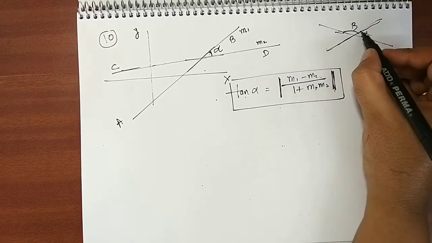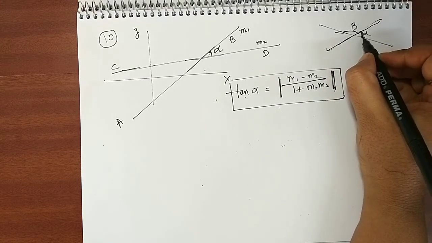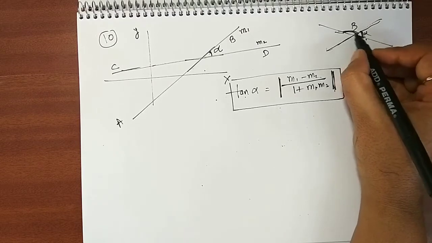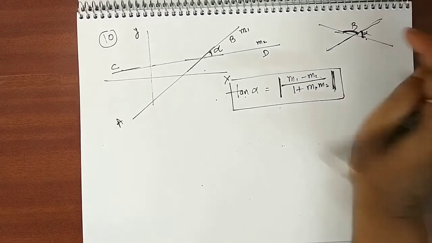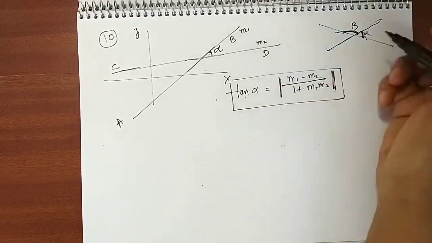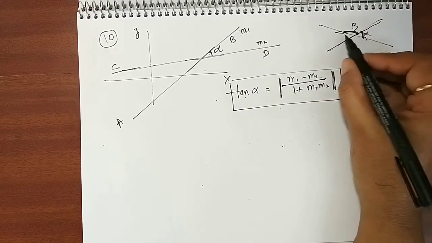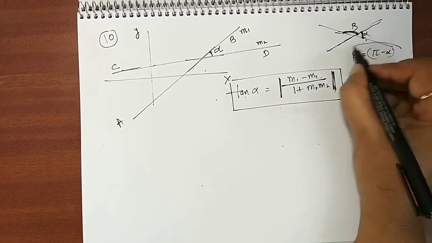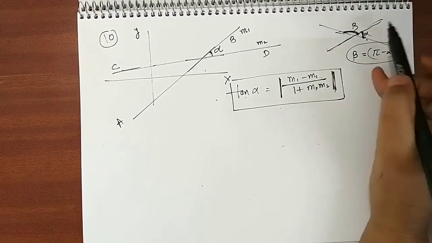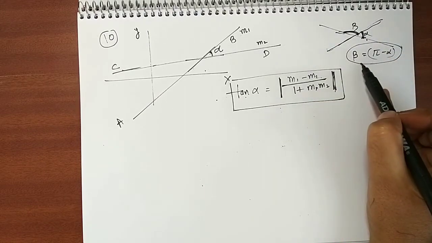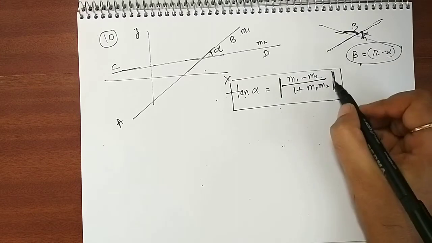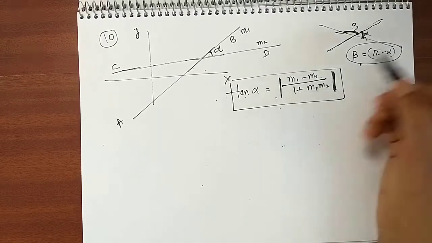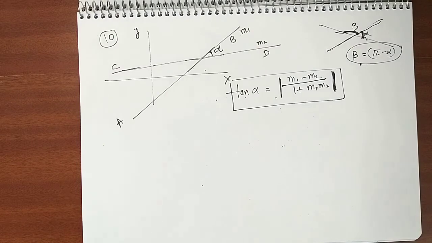So for some students alpha is the angle between the lines, and for some other students beta is the angle. Both angles are incorporated here because the relationship between them is beta is nothing but pi minus alpha, correct? So once you solve one angle, the other can be calculated. I will show you how to solve this when we do questions.